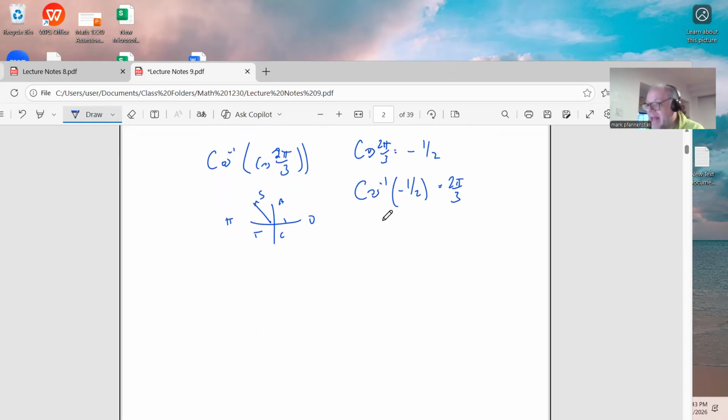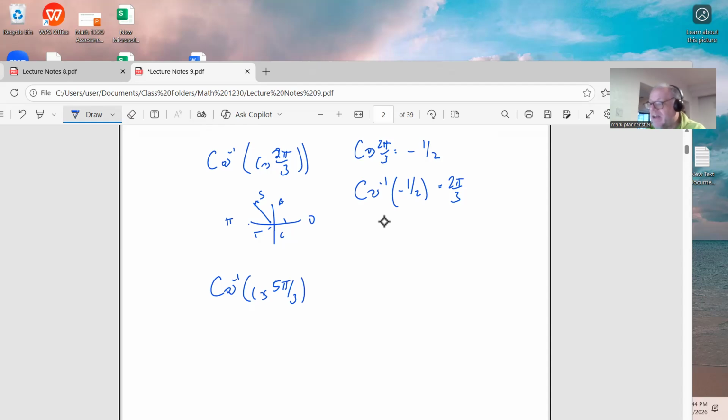If I pick an angle in the fourth quadrant, right? So if I take the inverse cosine of the cosine of, say, we have pi over 3, 2 pi over 3, pi, 4 pi over 3, 5 pi over 3. So we don't have to change reference angle.